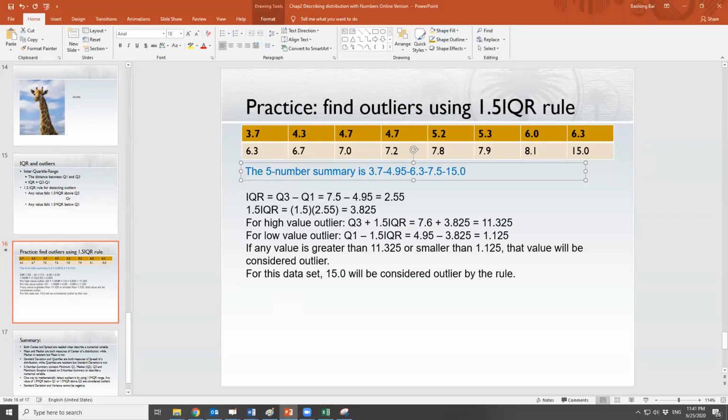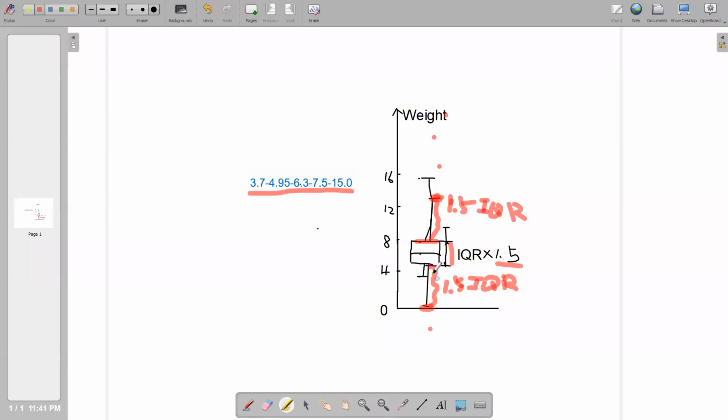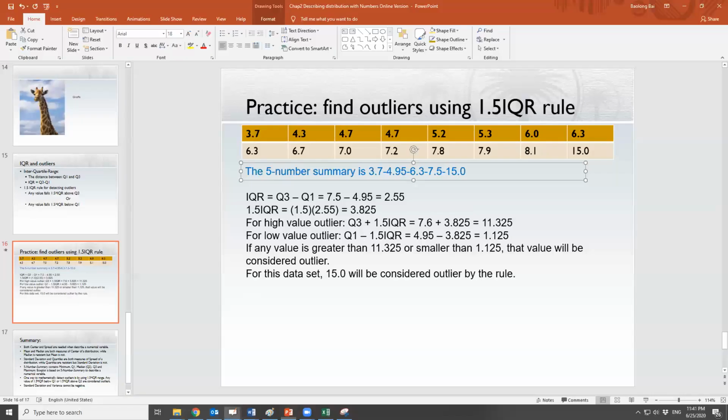Similarly, from the bottom of the box, we draw down 1.5 IQR. When you go down, you subtract, so Q1 minus 1.5 IQR: 4.95 minus 3.825 is 1.125.